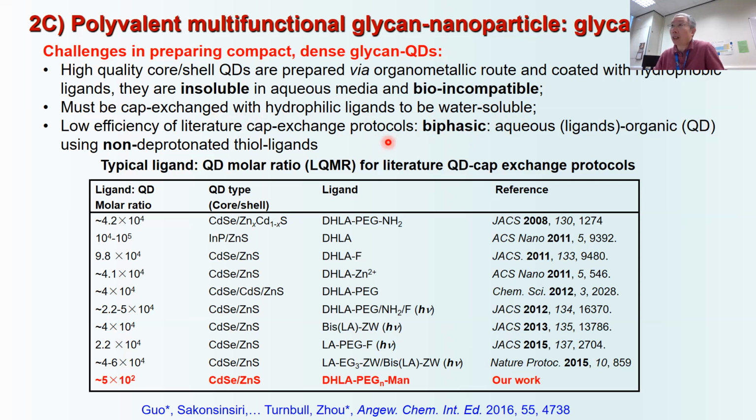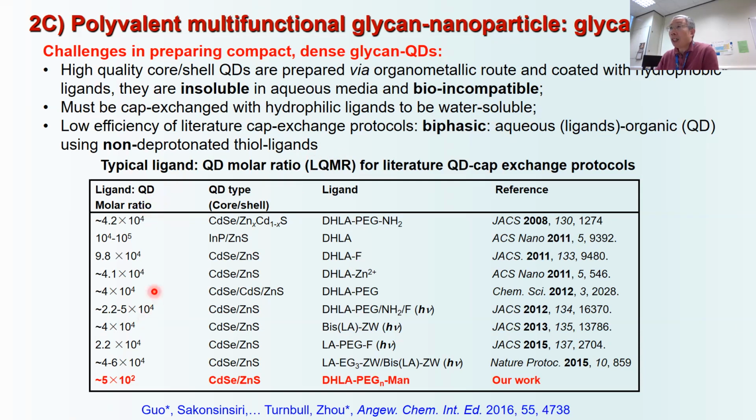Unfortunately, most of the literature methods use a lot of ligand because their cap exchange efficiency is not good enough. They are using basically an aqueous and organic biphase, and also use a non-protonated, deprotonated ligand, which has relatively low binding affinity.